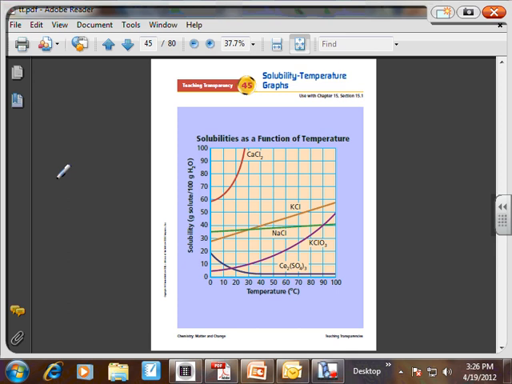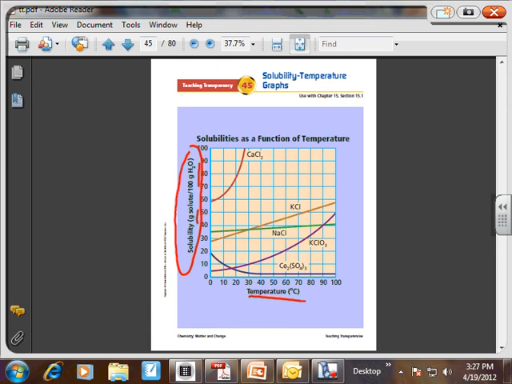On the side over here, we have the solubility. The units are grams of solute in 100 grams of water. A lot of times when we talk about solubility graphs, we talk about water, because water is the universal solvent. On the bottom, we have temperature.